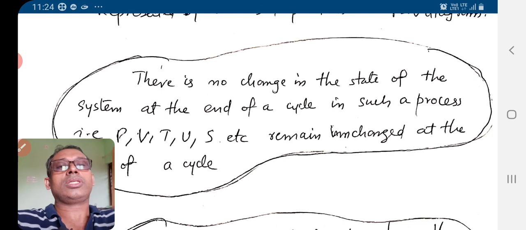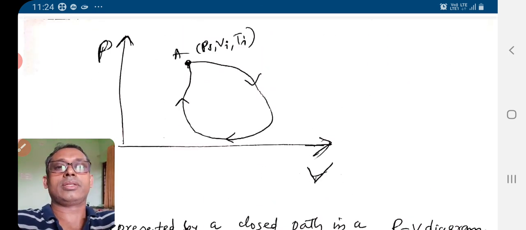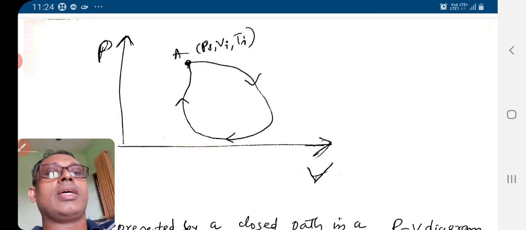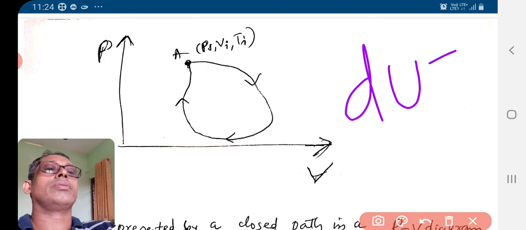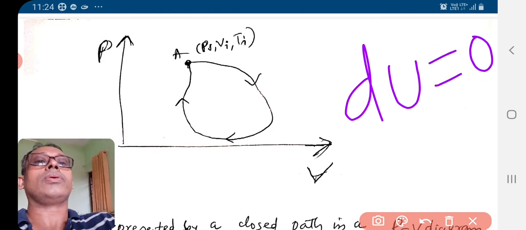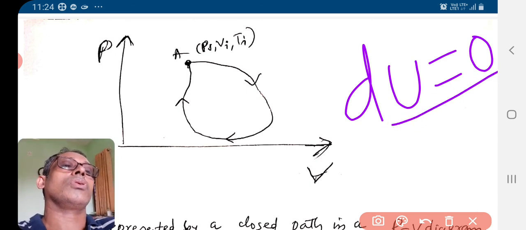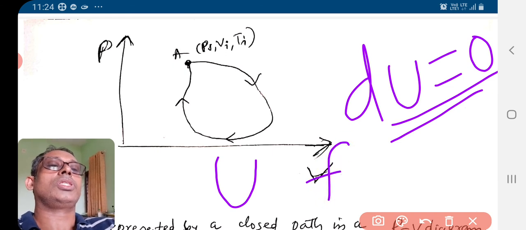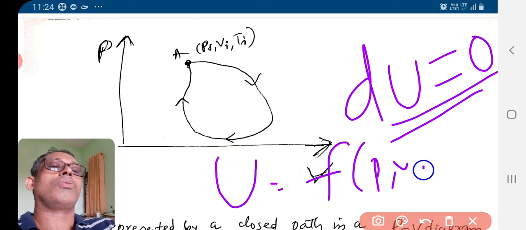So there is no change in the state of the system at the end of the cycle, because you are coming back to the same state. That means the change in internal energy is equal to zero here. In a complete cyclic process, the change in internal energy is zero because internal energy is a function of the state variables: pressure, volume, temperature.